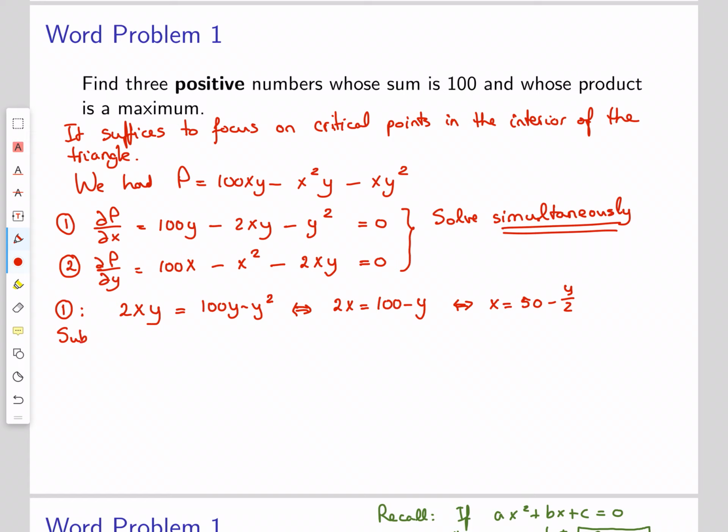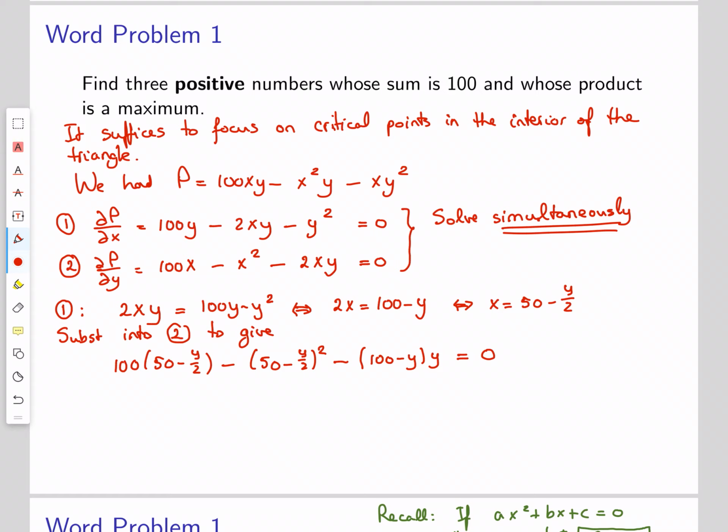And then let's substitute this into the second equation to give the following. So I have 100x, so that's 100 times 50 minus y over 2, minus x squared. So that's minus 50 minus y over 2 squared, minus 2x times y. Now I still have 2x, it's 100 minus y, so it's 100 minus y times y, and that has to be equal to 0.